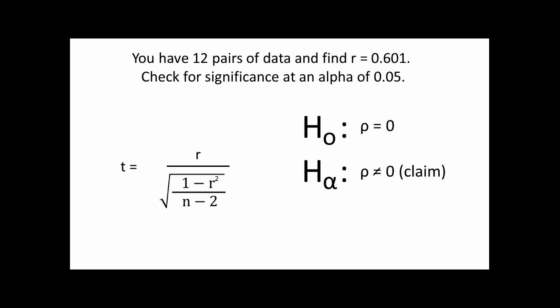Next, we calculate our test statistic using the formula t equals r divided by the square root of (1 minus r squared) over (n minus 2), and plugging in our values, I get a value of 2.13 to 2 decimal places.